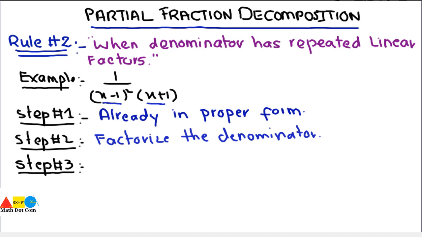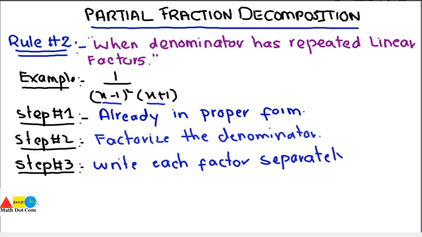Step number 3 is to write each factor separately under an unknown variable, as we have already done in our previous lecture where we had linear factors. Now what is different in this rule as compared to the previous one?